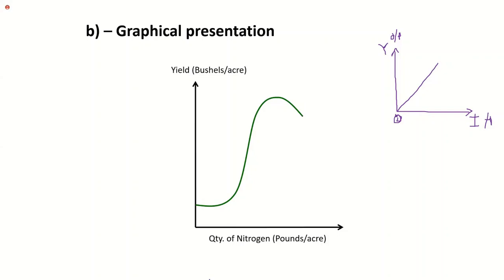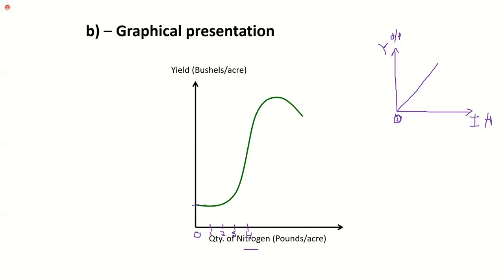What would happen if you keep increasing the amount of nitrogen fertilizer? At zero, you don't add any fertilizer in the beginning, but you would still see a yield or a growth, right? Some amount of growth. And then you keep adding fertilizer gradually, 1 unit after the other. Each time you add 1 unit, so 1, 2, 3, 4, likewise, you keep adding 1 extra unit of nitrogen fertilizer.